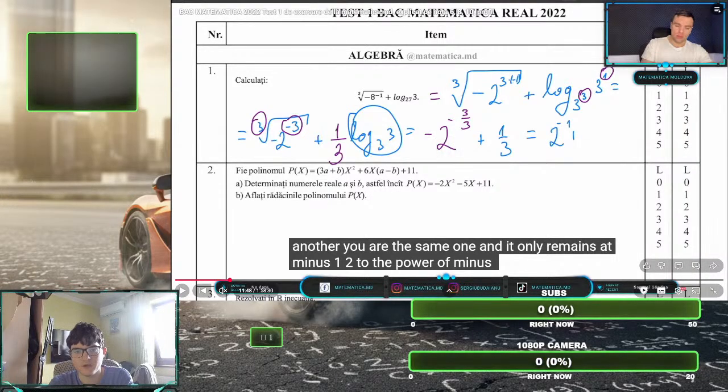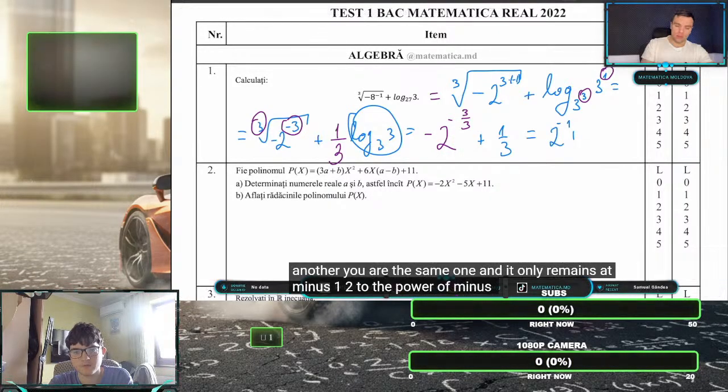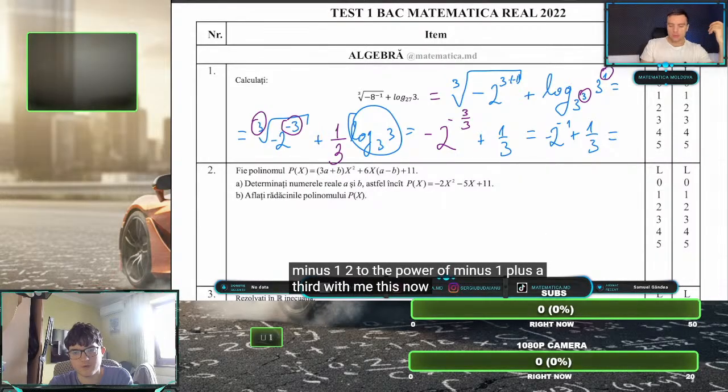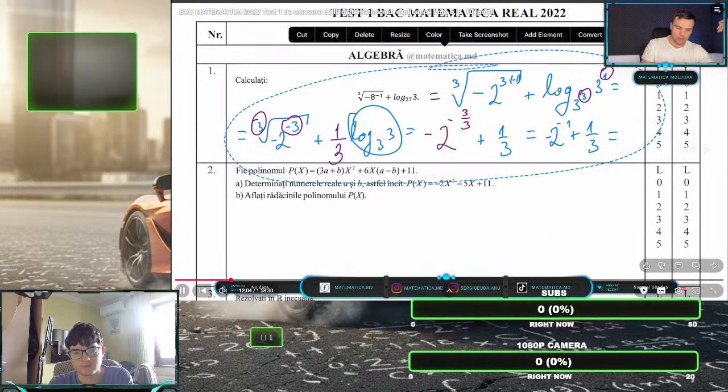So log of 3 of 3, that's just 1. So that's how it disappears. And then that's how you work out the powers. Minus 3 divided by 3. So that's just power of minus 1. But the 2 had a minus before, where has it gone now? There it is, there's a minus.